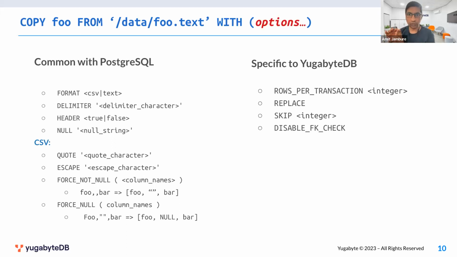Let's say when you fix the issue and you want to resume the bulk ingestion, you wouldn't want to insert the 40K rows that you have already inserted, right? In that case, the skip option comes into play, where you can say skip 40,000 because I have already inserted the first 40K records. You just start with the next one. So that's where the skip option comes into play.